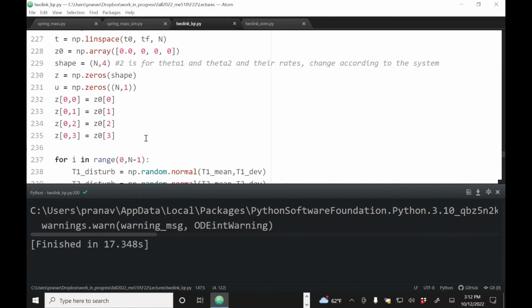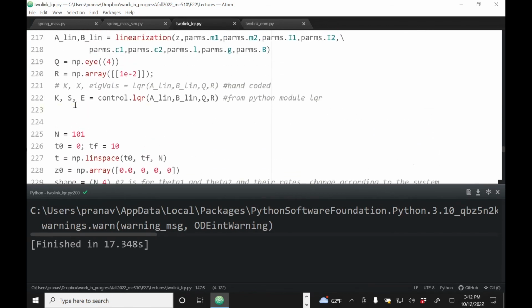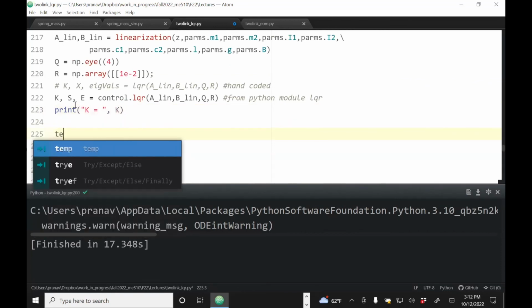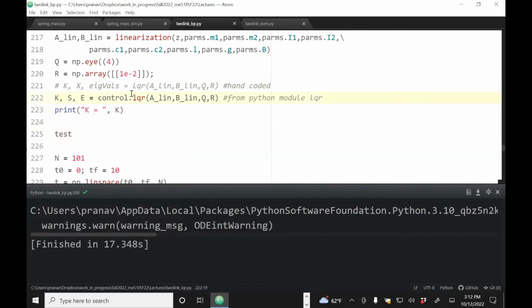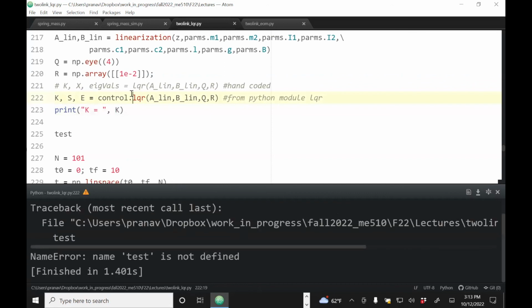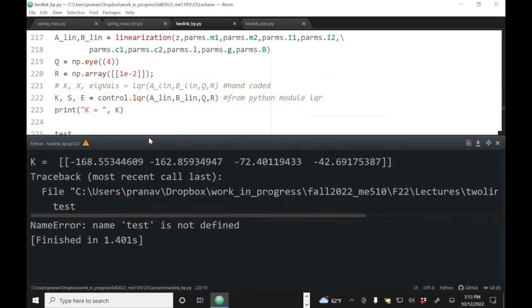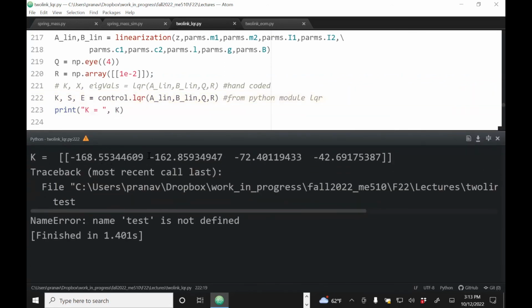Okay, so what's interesting is that if you make it print, okay, I want to stop the program, so I just put some random thing which will stop it. Ignore that error, but this is the gain. I would say that's very non-intuitive.